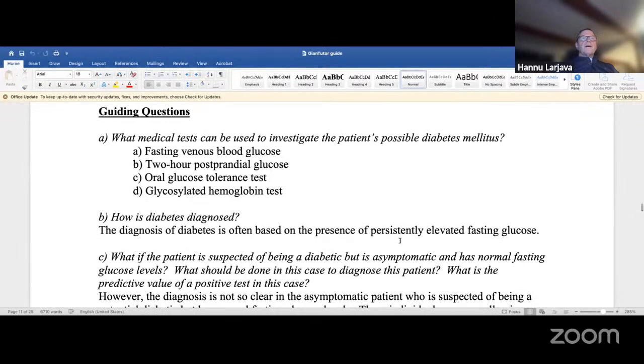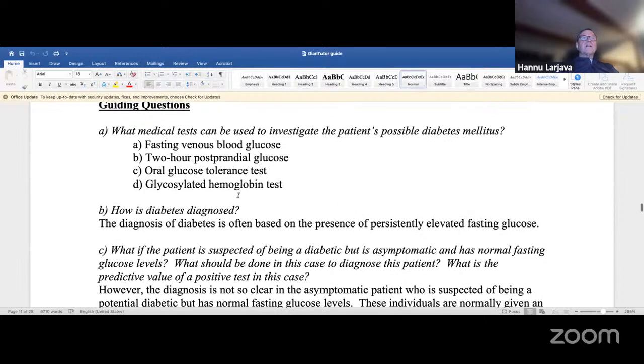So it will go through all the different medical tests for diagnosing diabetes, and some of that was covered in the previous presentations during this week. So for time's sake, we don't have to go into details of discussing most of these tests.